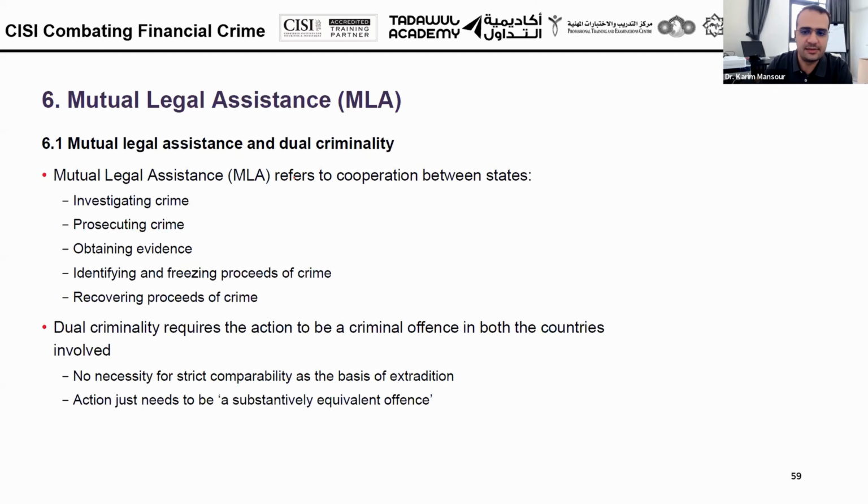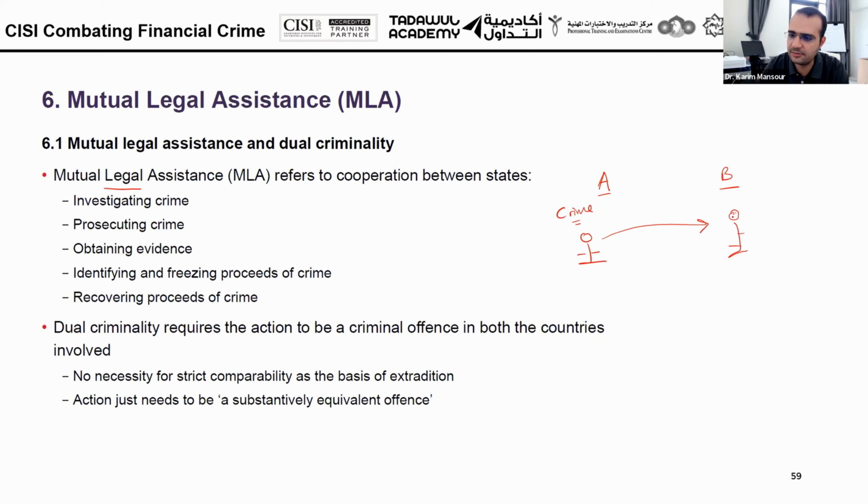Mutual legal assistance. We talked a bit about this, but let's dive a bit deeper. Let's say there are two countries, country A and country B, and there's a criminal who did something bad in country A, and it's considered a crime in country A. And then he runs away to country B, and he lives in country B now, and he is smiling.